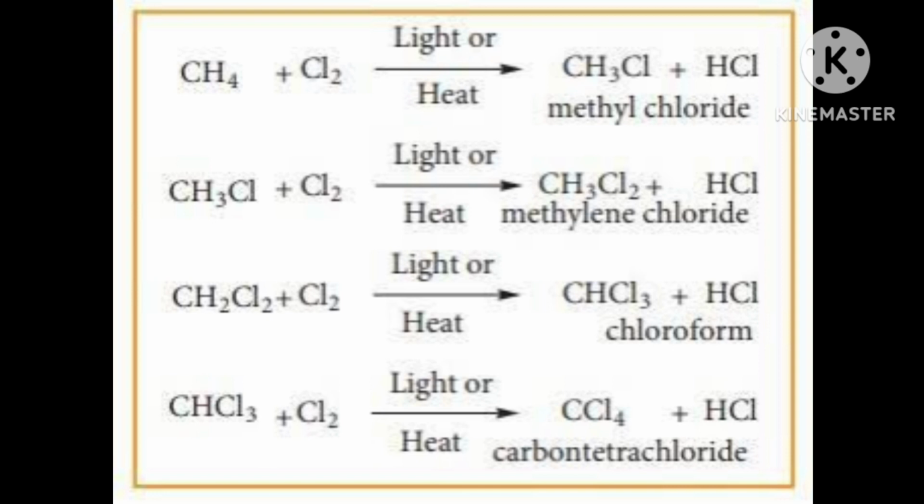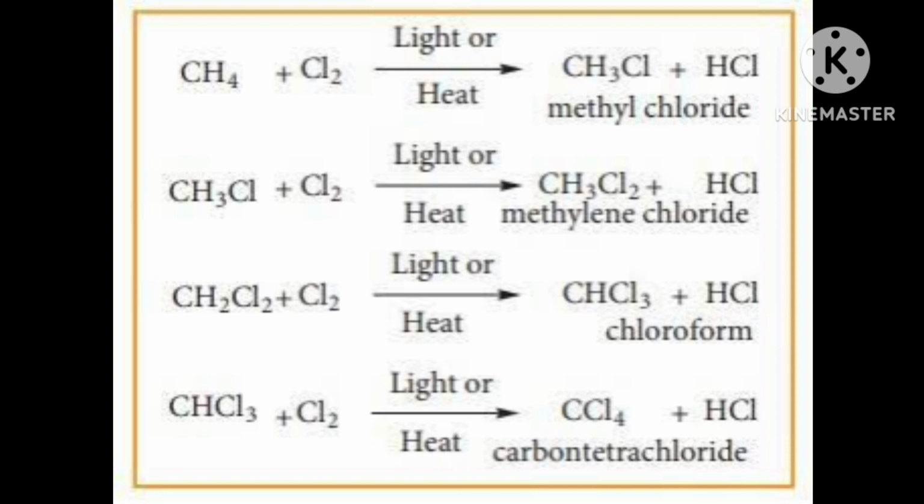The third possibility is that a CH3 radical, methyl radical, plus a free chlorine radical, Cl radical, will form methyl chloride, a CH3-Cl bond. These three possibilities I have told you.